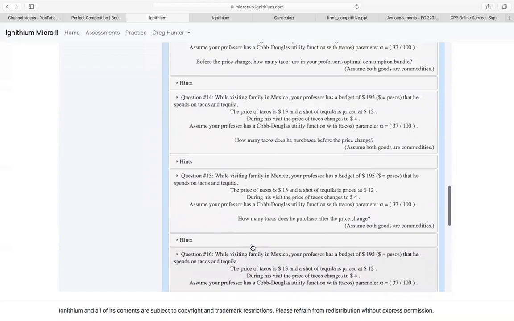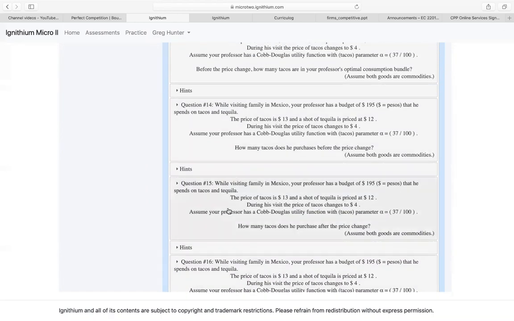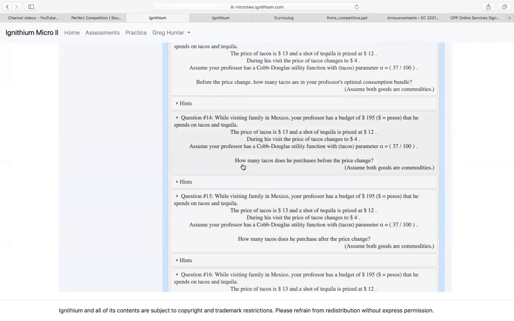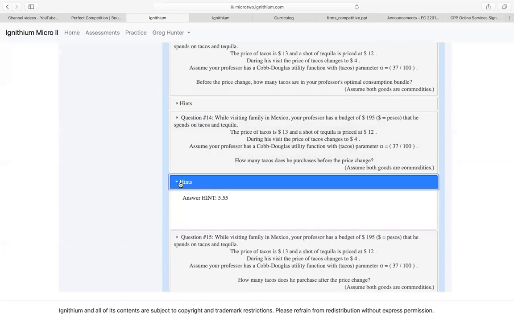Okay, so let's look up at question 14. It has the same numbers as question 16, but it says, how many tacos does he purchase before the price change? So this was our X0, and we have 5.55.